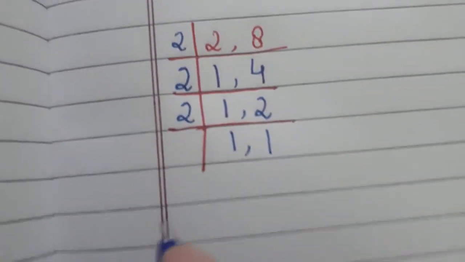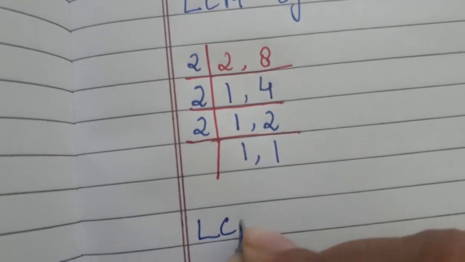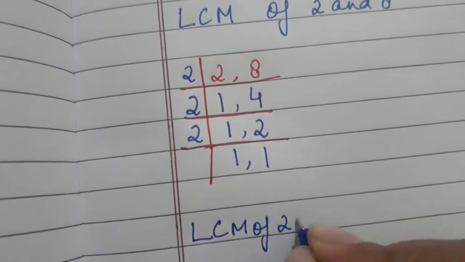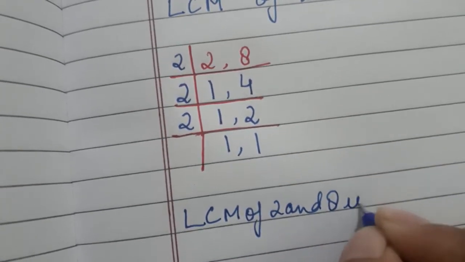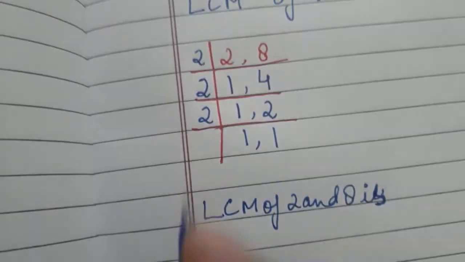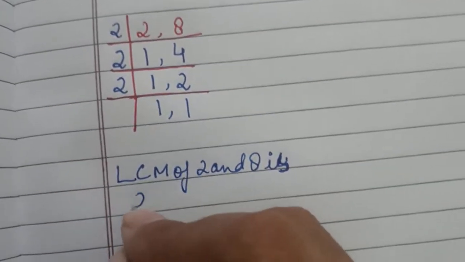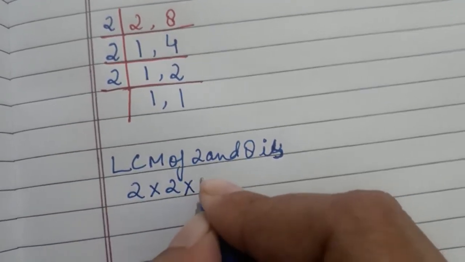So let us take out now the LCM of 2 and 8. We are going to multiply 2 into 2 into 2 like this. Right here, 2 into 2 into 2.